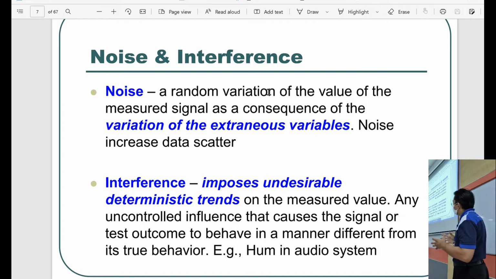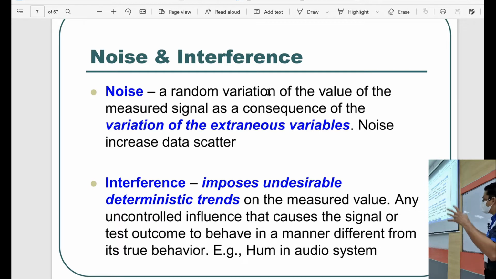Sometimes it is worse, sometimes we can control it. But most of the time, if we cannot recognize what causes the noise, it will cause randomness in the data and make the actual value that we want to measure hidden inside the noise. That's what we're afraid of: that the original signal we want to measure is hidden inside the noise.